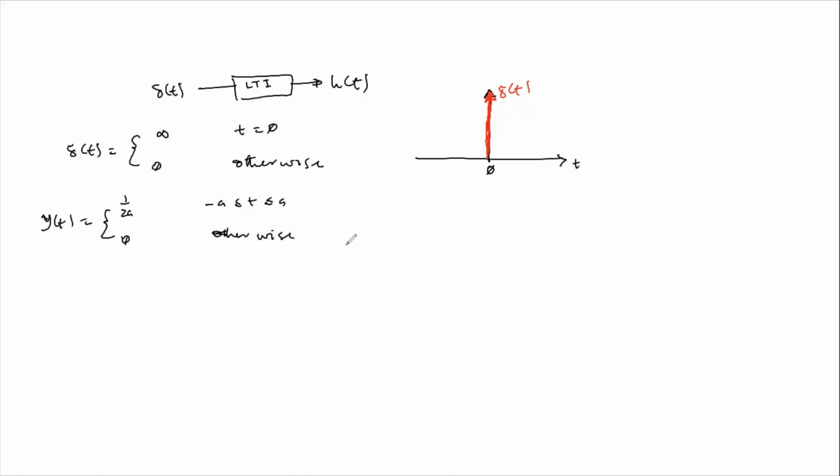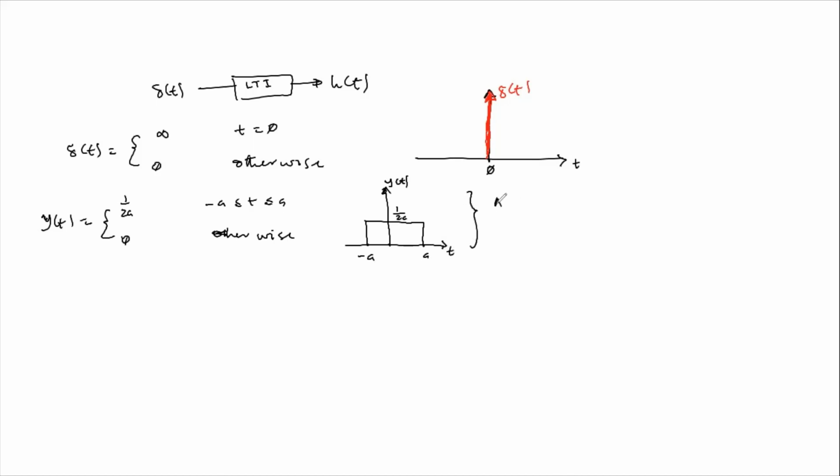You see that we have a rectangular waveform. It looks something like this, from minus a to a. This is y of t. This is t.